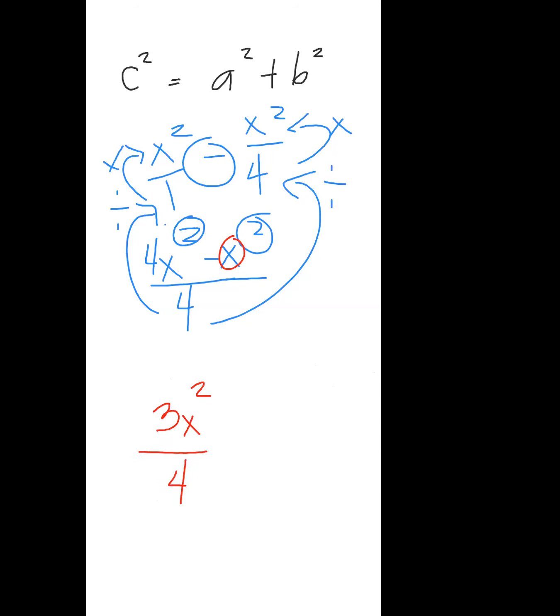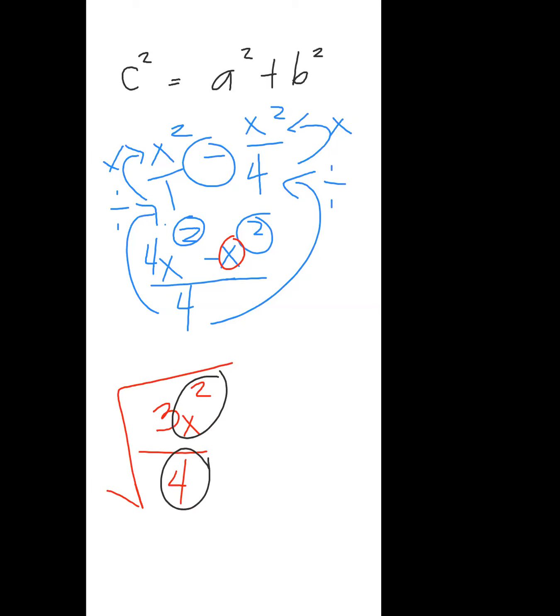Kaya kung papansinin nyo, ang nasa loob ng ating radical symbol is square root of 3x squared over 4. Okay? So ngayon, meron tayong pwedeng i-simplify. So since ang index natin ay 2, tapos ang exponent nito ay 2, pwede natin siya ilabas. At ang 4 perfect square siya, pwede ulit natin siyang ilabas. Okay? So ilalabas natin yung x squared and 4.